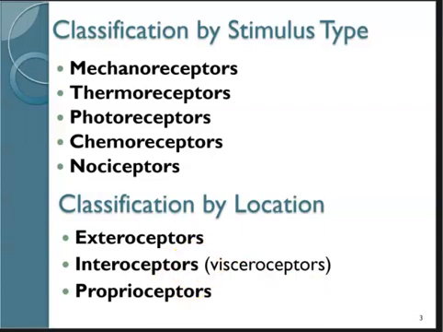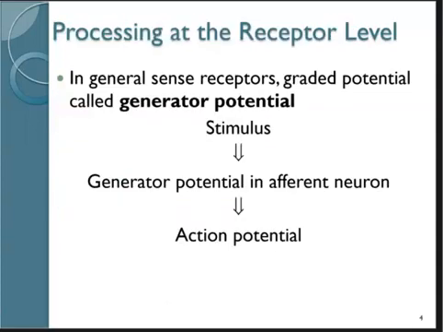Let's talk about potential changes next. In general sensory receptors, it is called a generator potential, because the stimulus will result in an action potential.